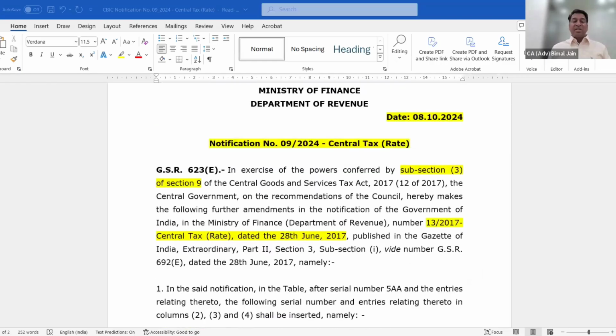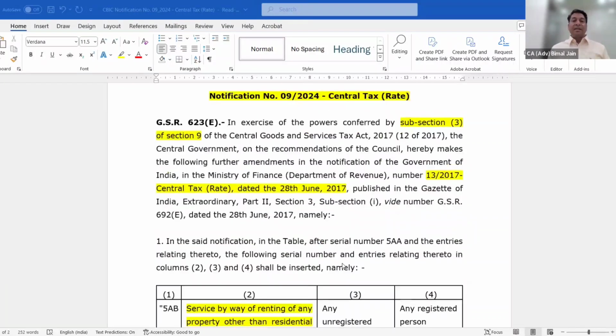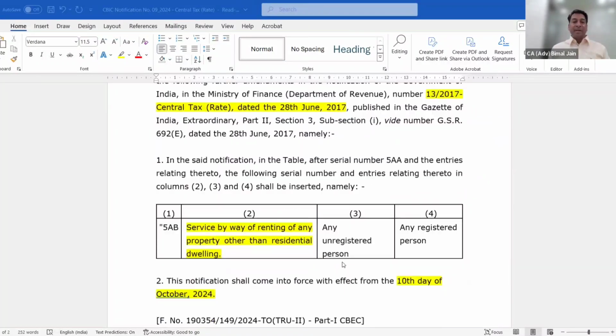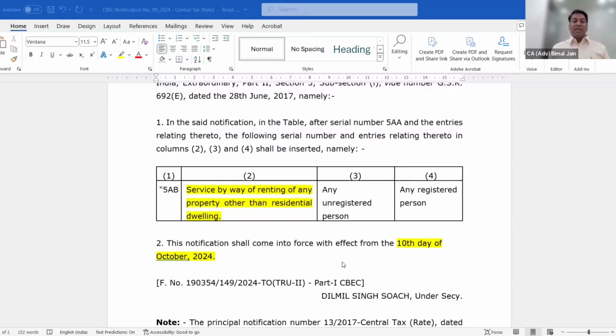So this is notification 9/2024, inserting this entry under section 9 subsection 3 of the CGST Act, that any property which is being let out by way of renting, other than a residential dwelling, by an unregistered person to a registered person, the registered person needs to discharge the GST liability.